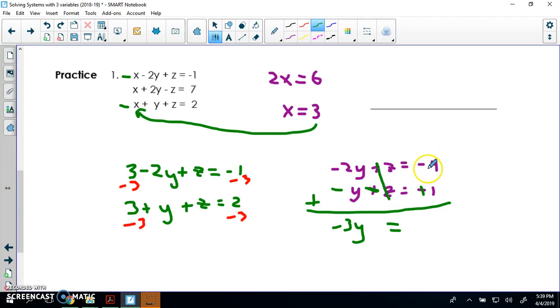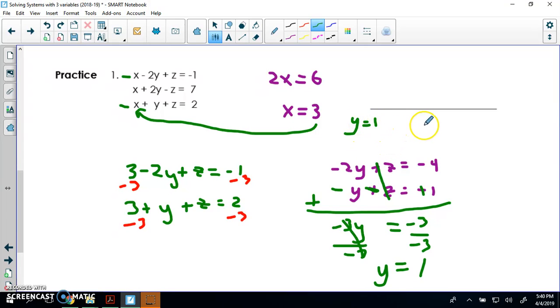And then I'm left with -3. All right, to solve for y, I'm going to divide by -3. You should hopefully see that y will be 1. Okay, let's add this up here. y is 1.